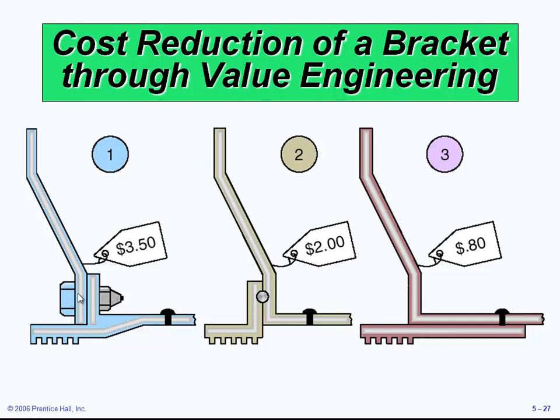So we eliminated this. We move to this one, and with this one, no screws or bolts were used, and the price decreased from $3.50 to 80 cents a piece.